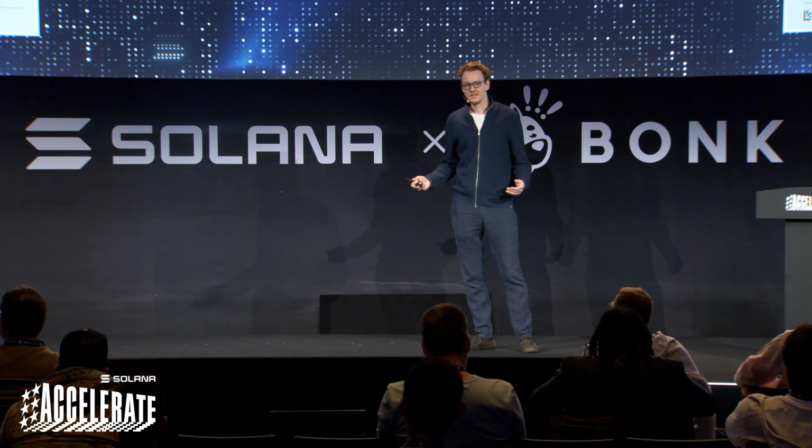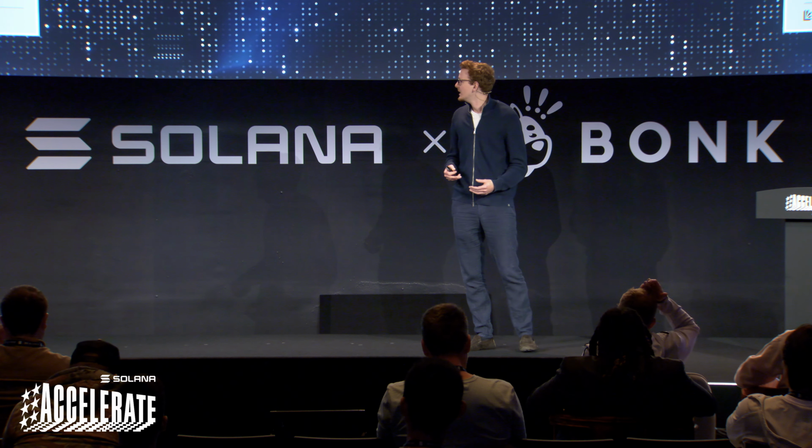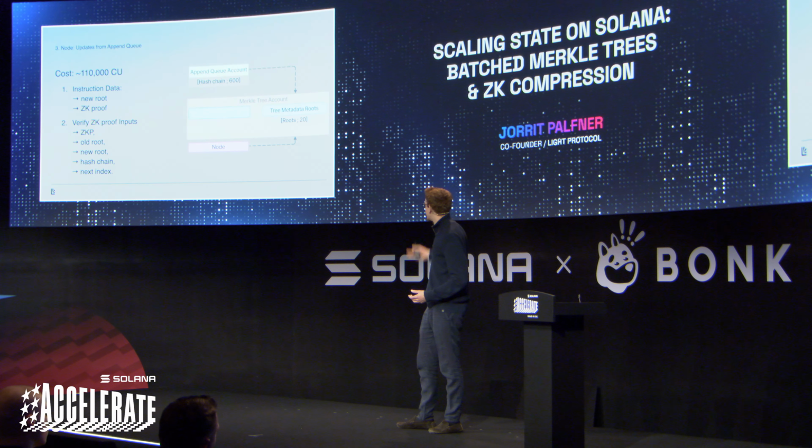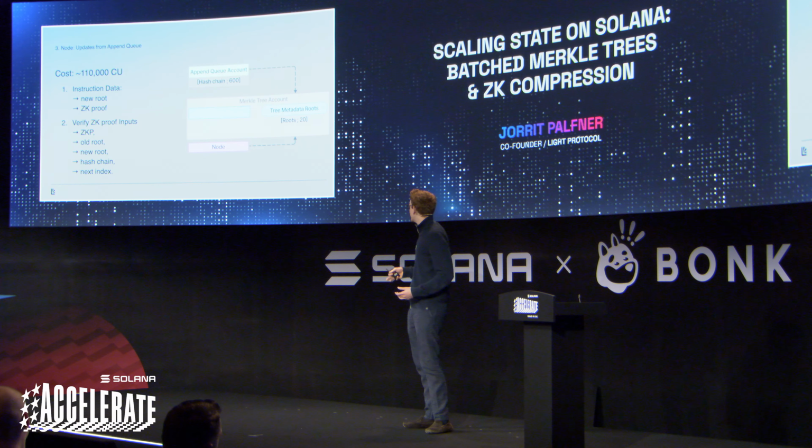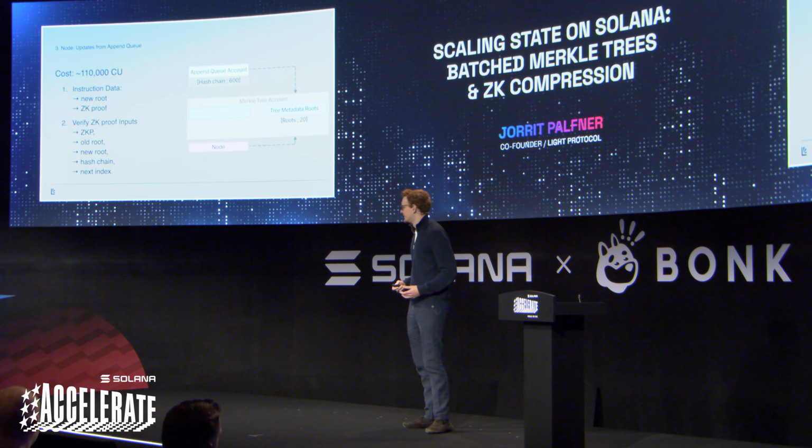Then it computes a ZK proof off chain. Once we have computed our ZK proof, we send the ZK proof with a new root to our Merkle tree program. On chain, we get the old root from our roots array, we get a next index from our tree metadata, we get the hash chain from our queue account, we verify the proof, and we insert the new root into this root array.